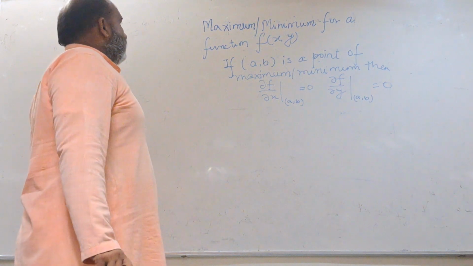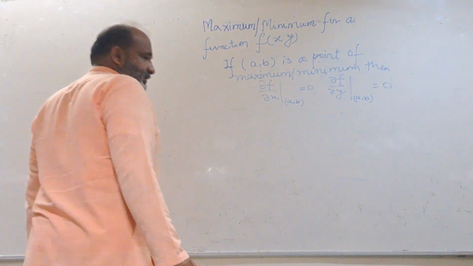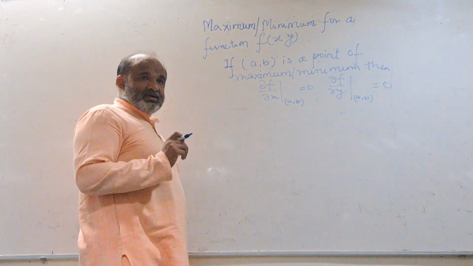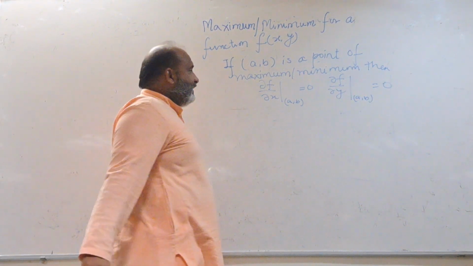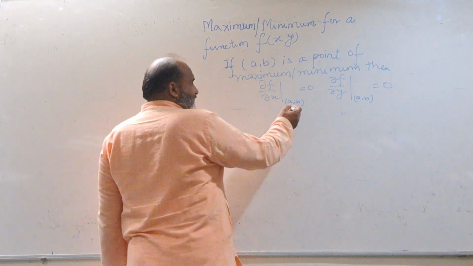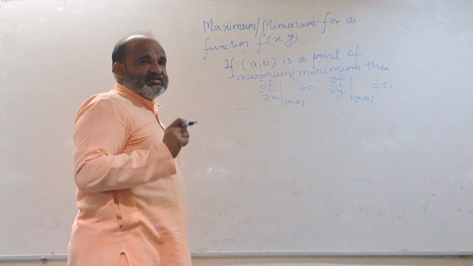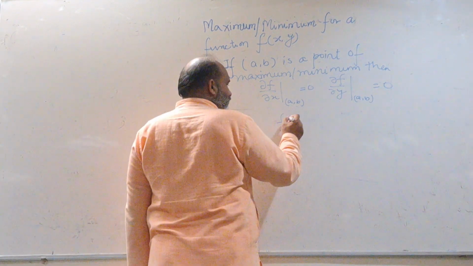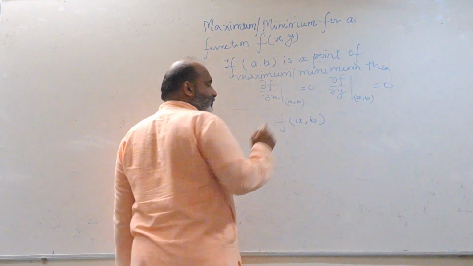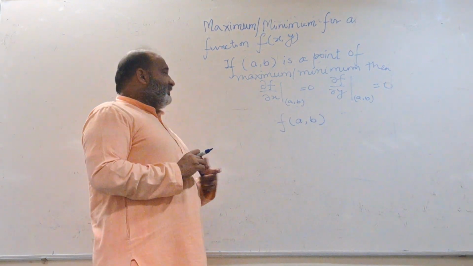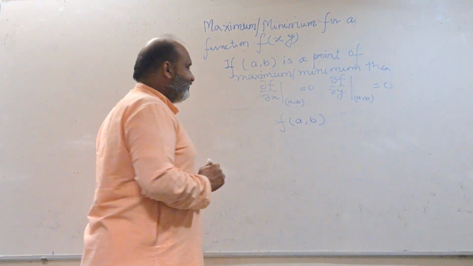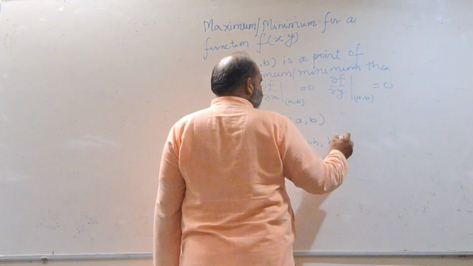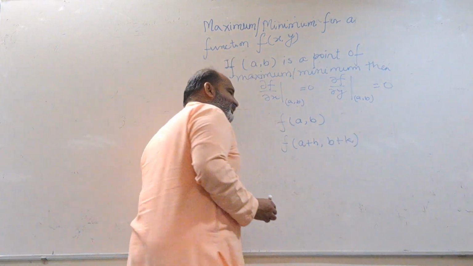So now let me come back to the definition of maximum or minimum. If (a, b) is a point of maximum or minimum, then there is a value of f(a, b). So in the neighborhood of this point, I shall have values like f(a+h, b+k).